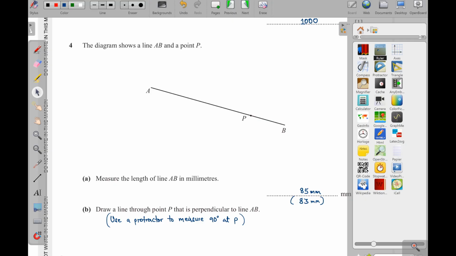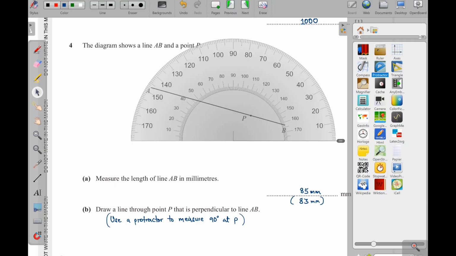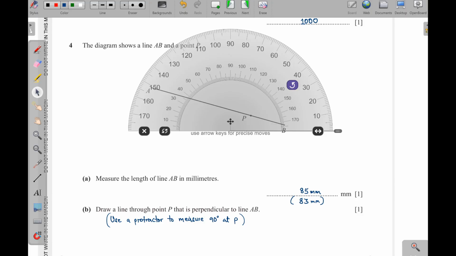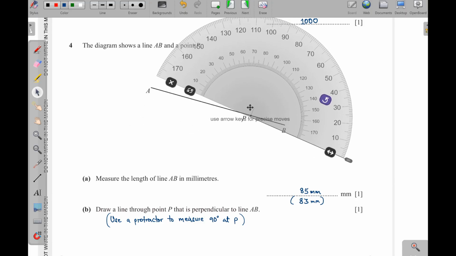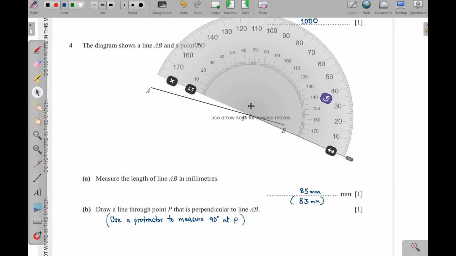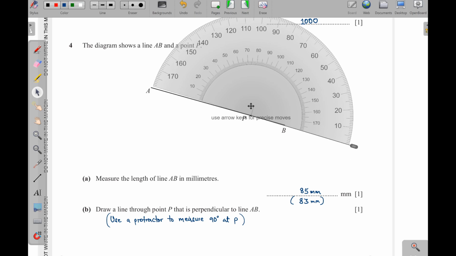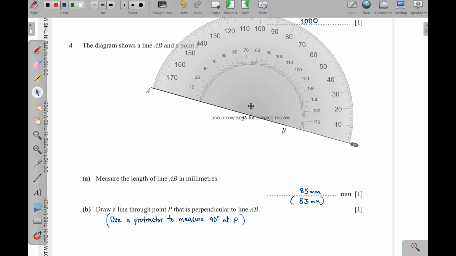But you just get a protractor, and then you put it at point P here. Make sure you balance with this line here, AB. They said draw a line through point P, so it should pass through point P like that.